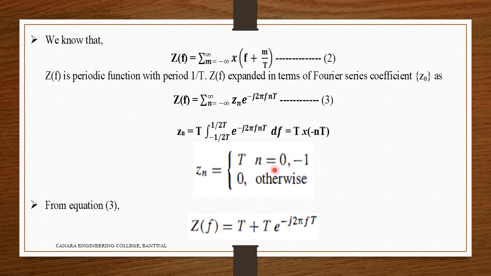Here one more term has been added. In order to control the ISI term, we keep a term at n equals -1. So 0 is the signal strength and -1 is the controlled ISI term.